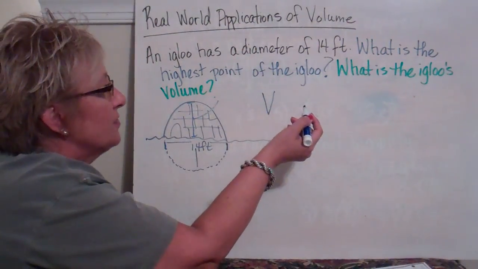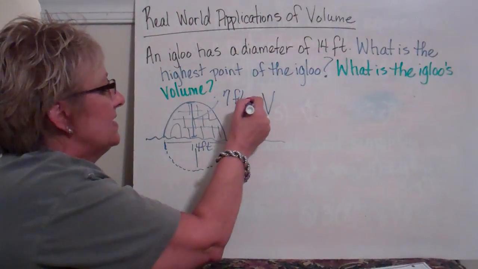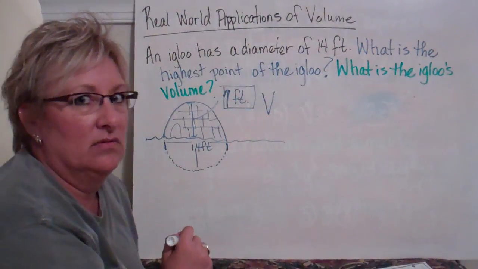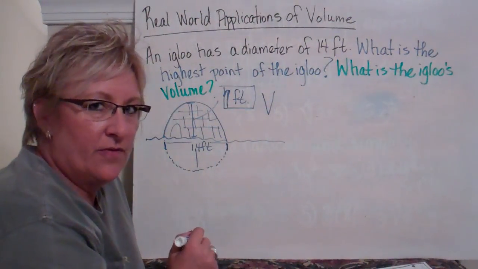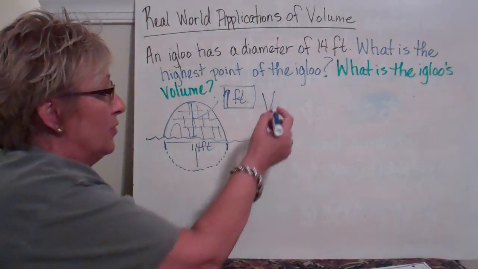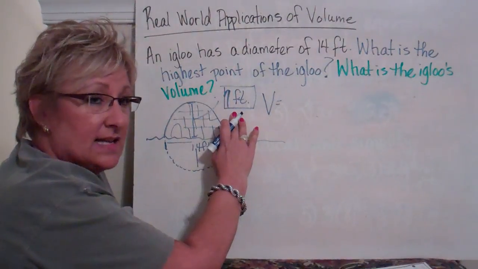So I've already answered my first question. The highest point is going to be 7 feet tall inside that igloo, okay? And you might think, ooh, that's awfully short, but remember, the people that live in igloos are not gigantic people.